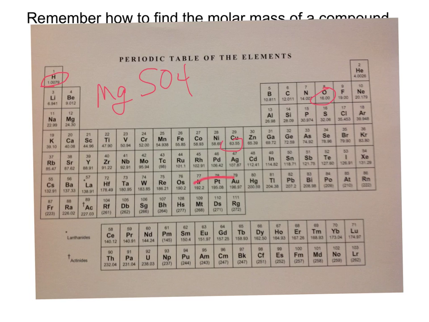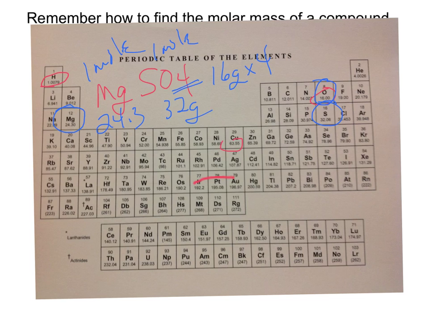That tells me there's 1 mole of magnesium, so I would find magnesium and say there's 1 mole of that, so that's 24.3. It's telling me there's 1 mole of sulfur, so I would find sulfur and see that it weighs 32 grams. And it's telling me I have 4 moles of oxygen. That would be 16 grams in 1 mole, but I have 4 of them, so I have to multiply that by 4. Then I would add all of those up.